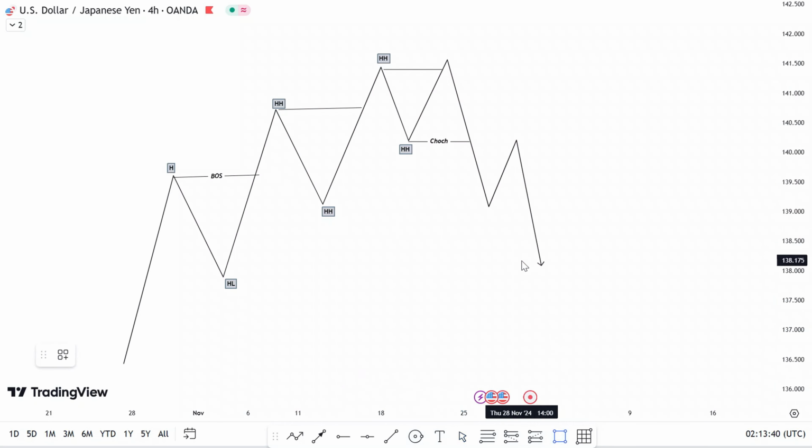Now the market is in a downtrend. At the area the market used in changing character, more often you will see either an order block or a fair value gap. Remember we talked about what an order block is and what a fair value gap is in video 1.